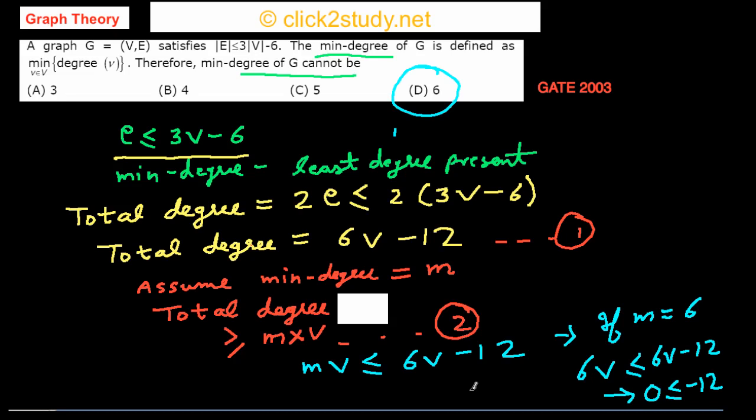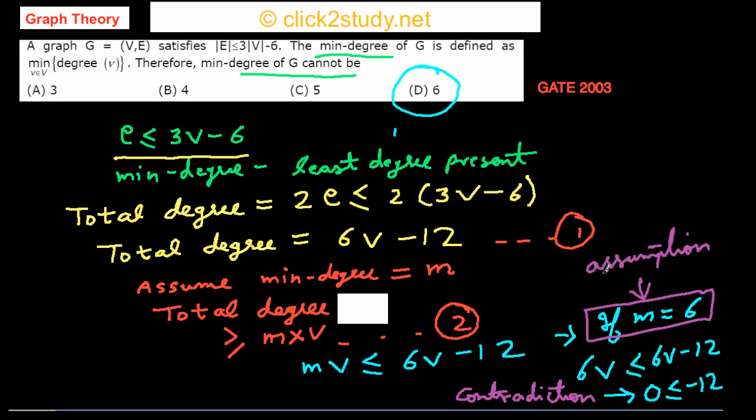This is called a contradiction. Our assumption was M equal to 6, and by applying this argument we reached 0 less than or equal to minus 12, which is a contradiction. That means our assumption is wrong, and the min degree cannot be 6, which means the correct option is D.